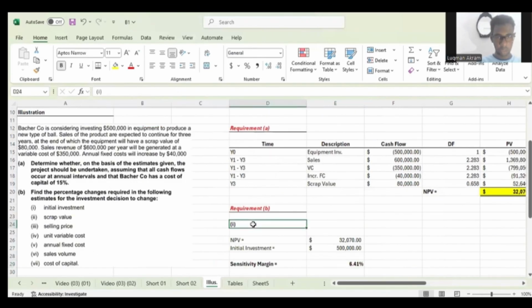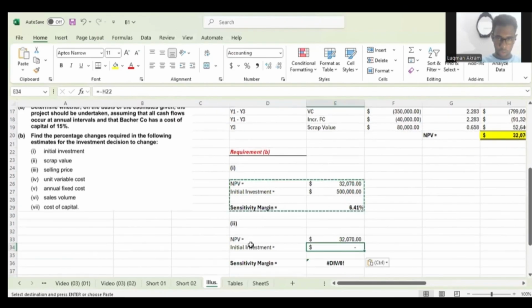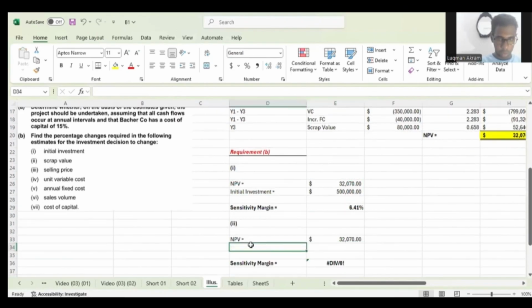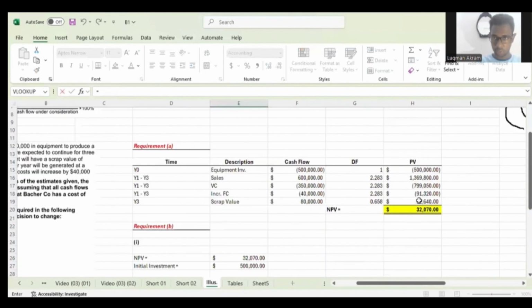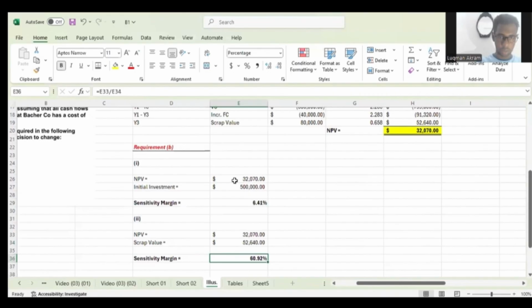We can do the same to the rest. Next up we have scrap value. I can copy this and change this part. The scrap value taken here would be from the present value column, which is 52,640. Therefore, NPV divided by the scrap value would give you 60.92%.